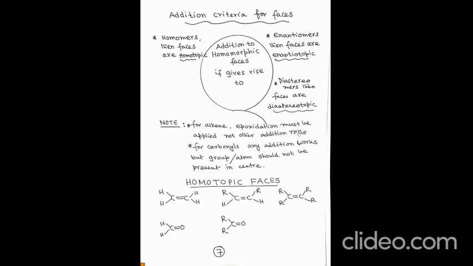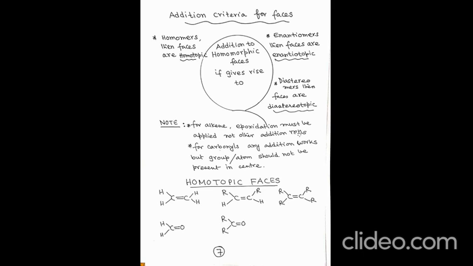Now coming to the topic relationship establishment between the two faces of the molecules, in that case we have to apply the addition criteria. This topic relationship will be established either between the two faces of an alkene, otherwise between the two faces of the C double bond O. Now in both cases we have to apply the addition criteria with some understanding.